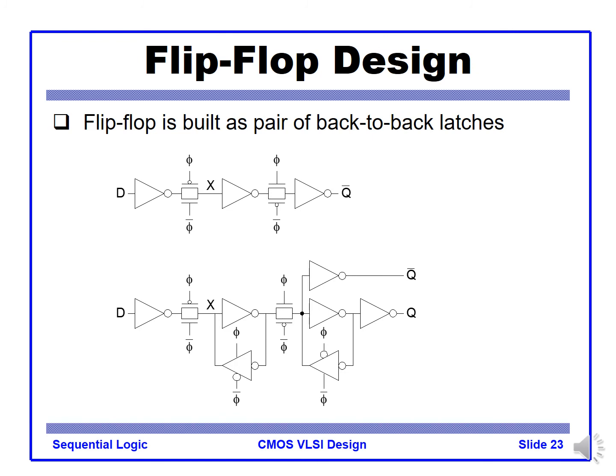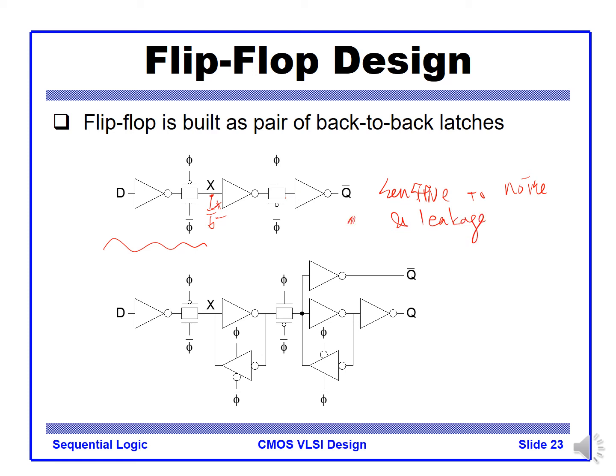In actual implementation, we can have a flip-flop with back-to-back latches there. This implementation relies on the dynamic parasitic capacitance. This is a dynamic flip-flop, we can say. This parasitic capacitance holds the value, but it is very sensitive to noise, and also leakage.